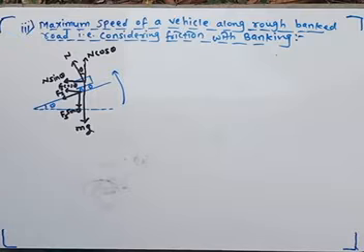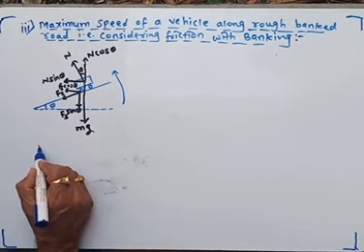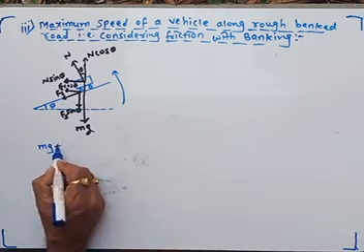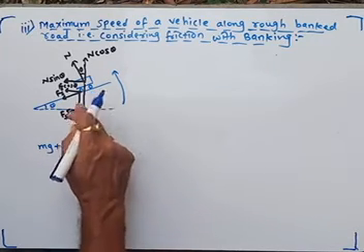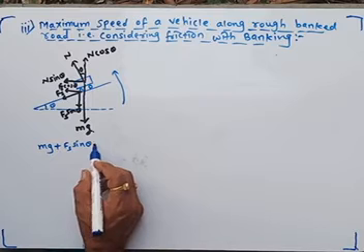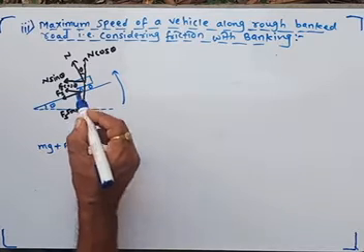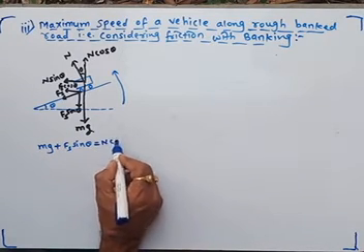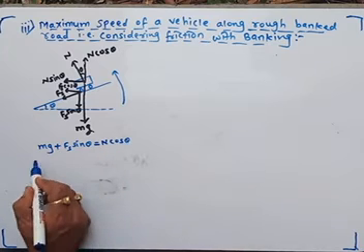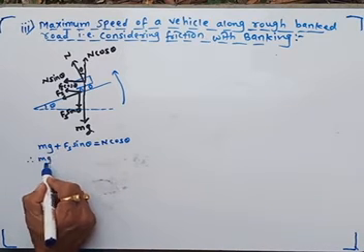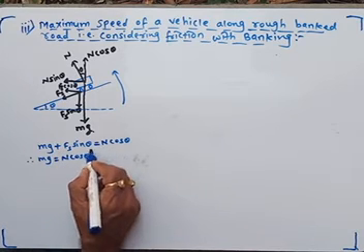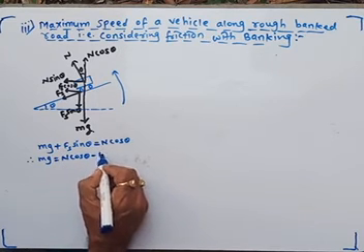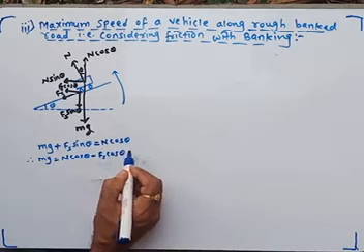Then from figure we can write mg plus Fs sin theta. We add these two because both are in downward direction, and this is balanced by N cos theta. And therefore mg is equal to N cos theta minus Fs cos theta.